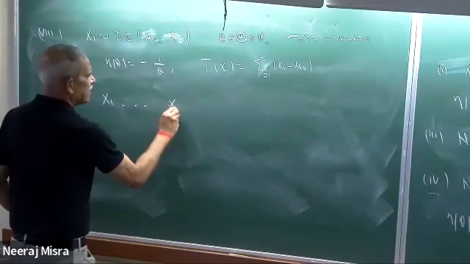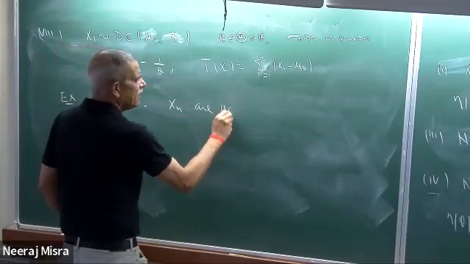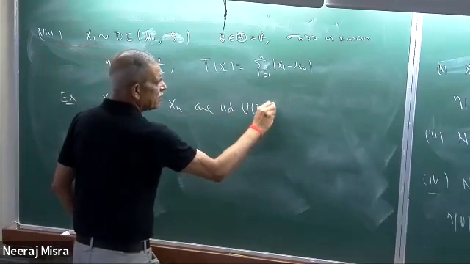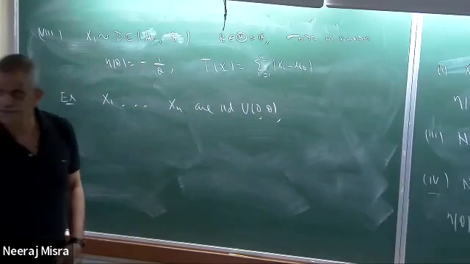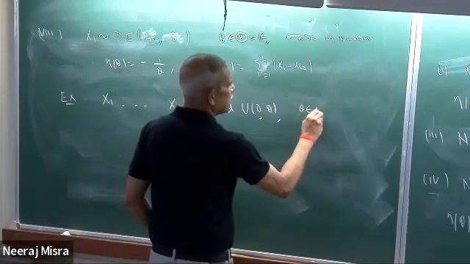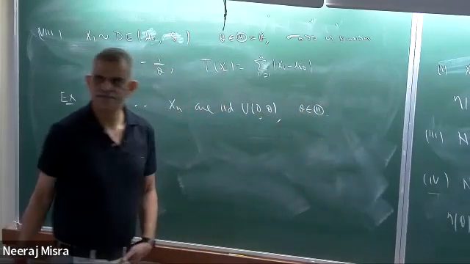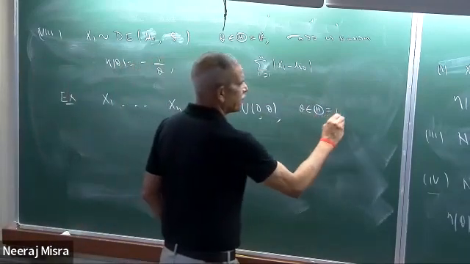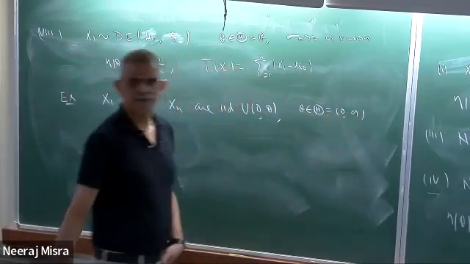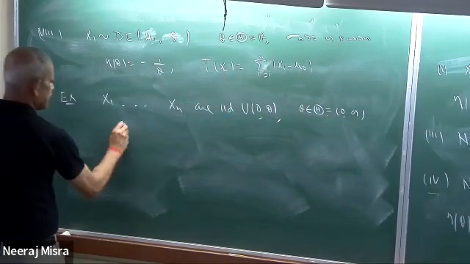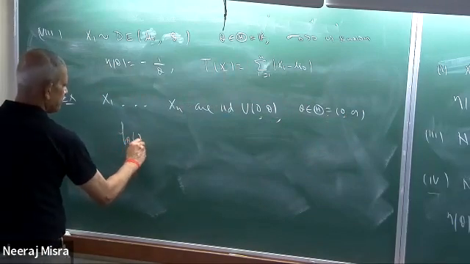X1, X2, Xn are IID uniform 0 theta. Theta belongs to 0 to infinity. What is your f theta x? Joint PDF, anyone?